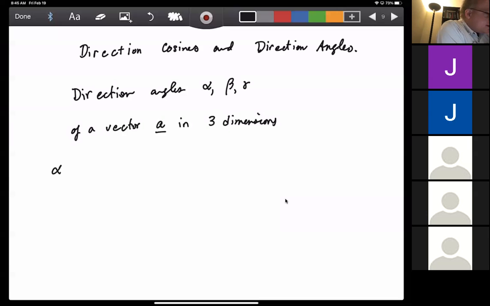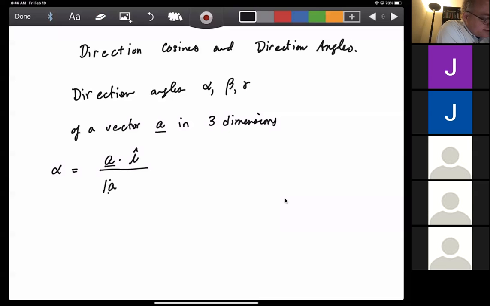So alpha is the angle that your vector makes with the x-axis. So we can get our hands on that by dotting with the vector i.